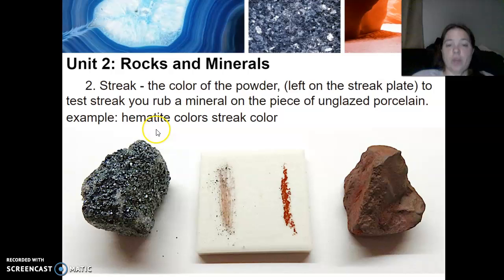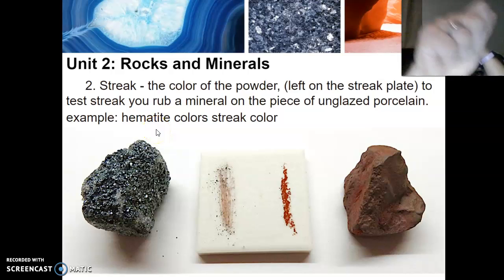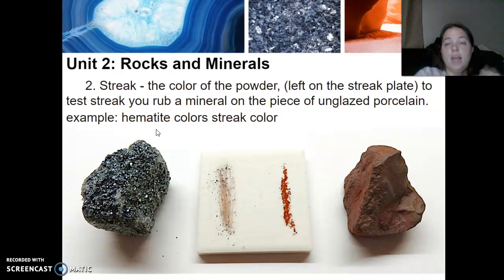Then you have streak. This is when you take the mineral and streak it across a porcelain plate. It is the color of the powder that is left behind. One example is hematite.